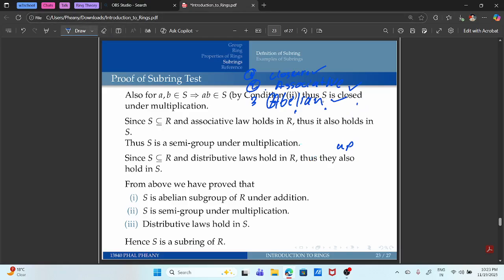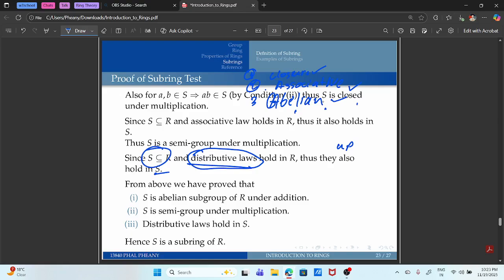So the last property we have to prove is the distributive law. Since S is a subgroup of O, S is a group, and so the distributive law holds for S also.